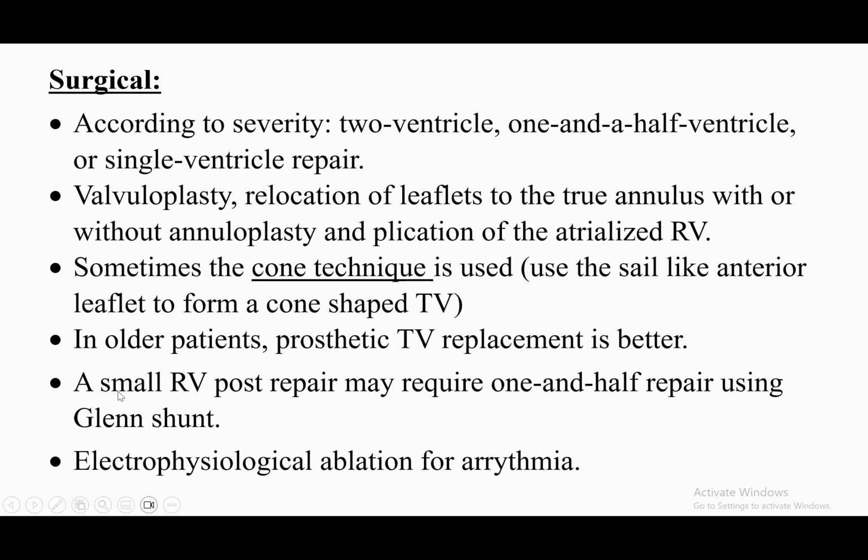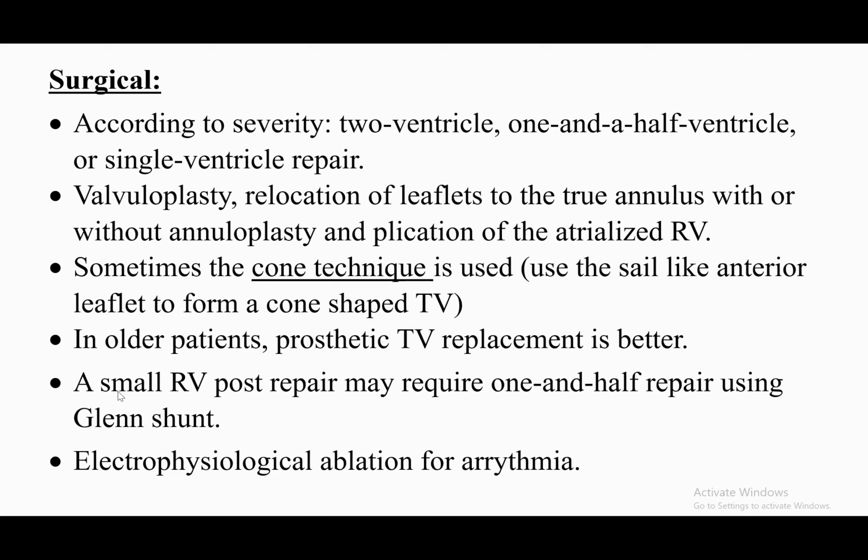Surgically, according to severity, either two ventricle repair if the RV cavity is large enough, or 1.5 ventricle repair if the right ventricle is borderline, so we can repair the tricuspid valve and then deviate some of the venous return to the pulmonary artery directly through a Glenn shunt.